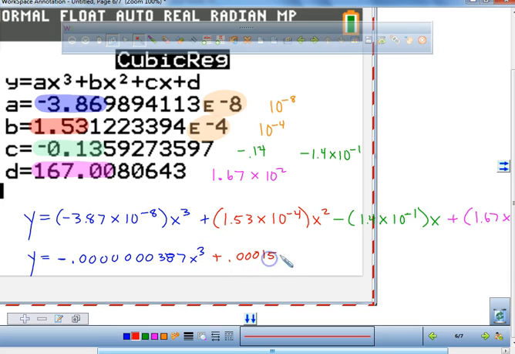0.000153 x squared, minus 0.14 x, and then I could just say plus 167. Okay. If you wanted to round that, put 0.01, that's fine, but there's 3 significant digits, that's fine.